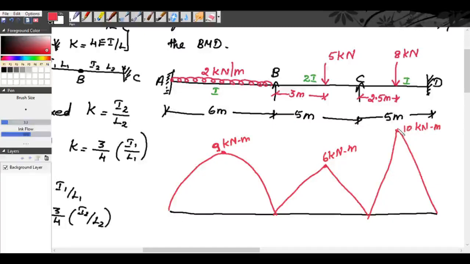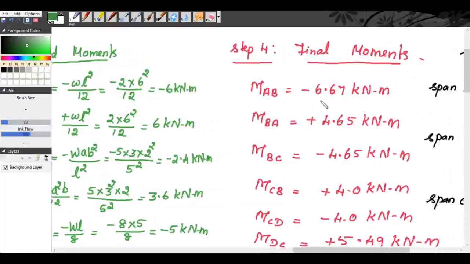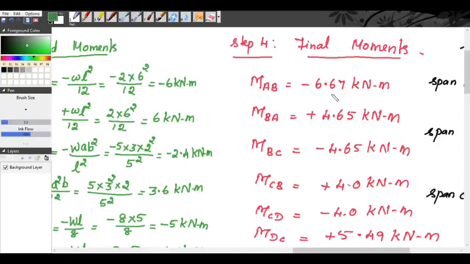Now we will draw our final end moments. So we will take another color. Okay, so final end moments, we know at AB it is minus 6.67. At B it is plus 4.65 and minus 4.65. At C it is plus 4 and minus 4, and at D it is plus 5.49.